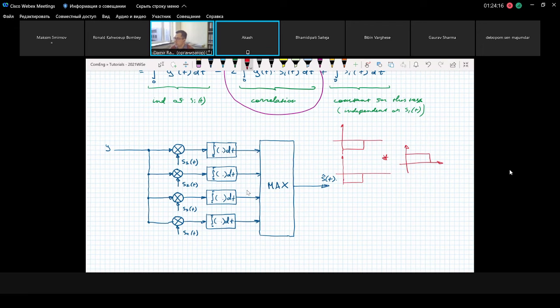It's much better. Yeah, I was just saying, if Y is transmitted and we are estimating S hat at the end, we are using these basis functions, I mean S1, S2, S3, S4. Sorry, they're not basis functions. Yeah, they are all the possible signals that we have, but they are not basis functions.